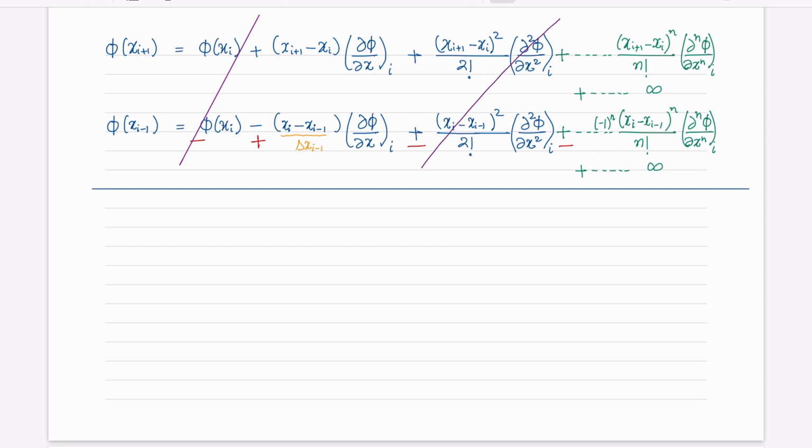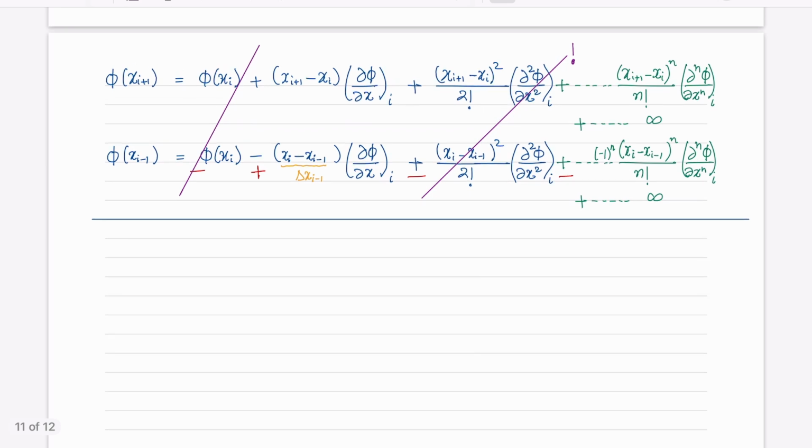I'm just cancelling it out for now, and I'm putting an exclamation mark because it is valid if the grid spacing is equal. So this is valid if x(i+1) minus x(i) is equal to x(i) minus x(i-1). As long as the grid spacing is uniform, we can cancel out that term. But if the grid spacing is not uniform, then this term may not be 0. The difference of these terms may not be 0.